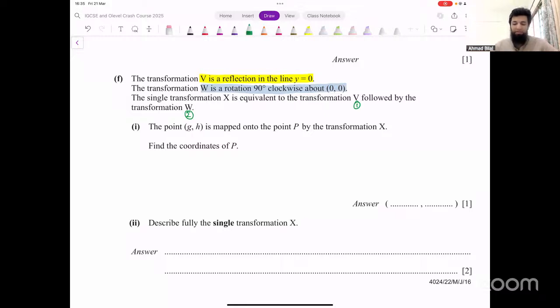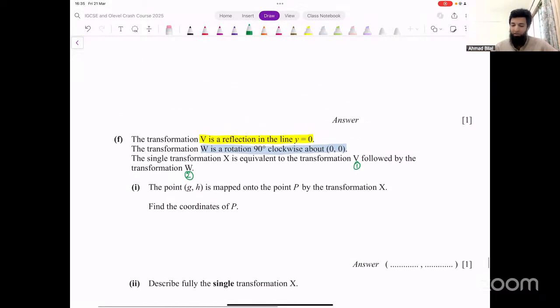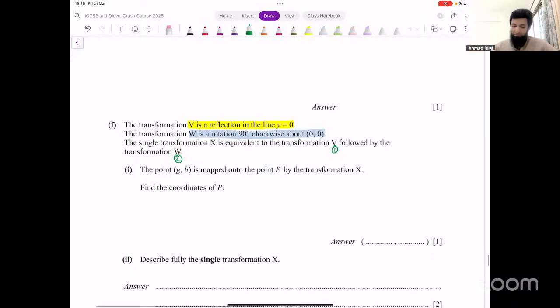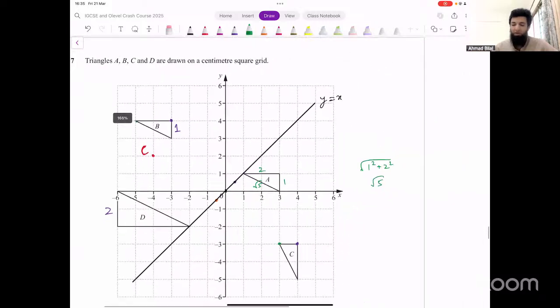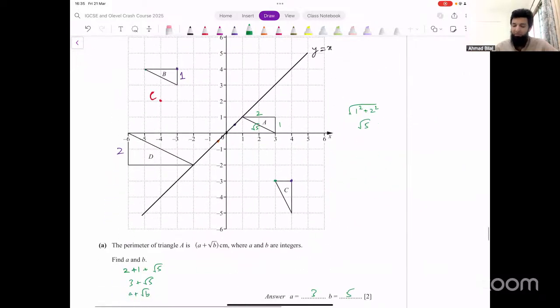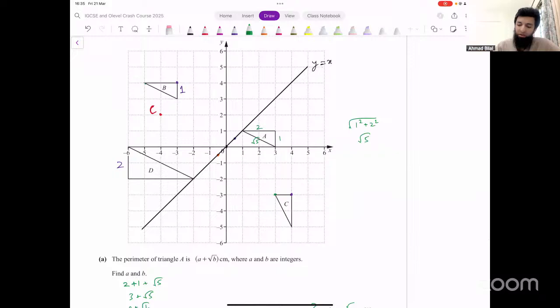Now, let's investigate this. We have the diagram given. Let's investigate using this diagram. So let's mark the point G, H anywhere. Let's take any random point on this diagram. Let's take something positive that will be easier to understand. Let's take a point here, let's say.